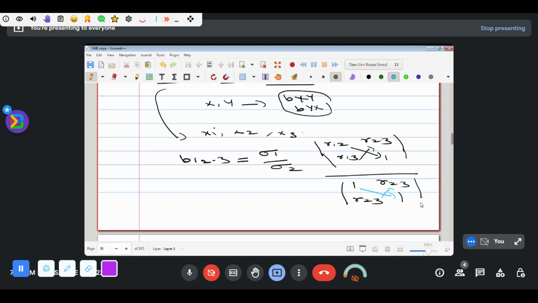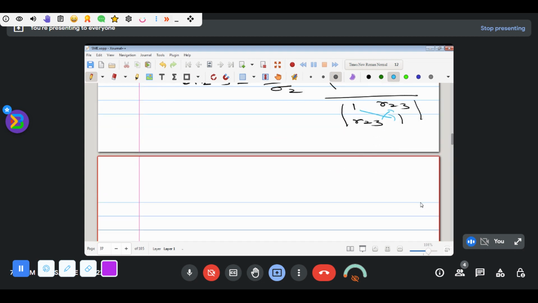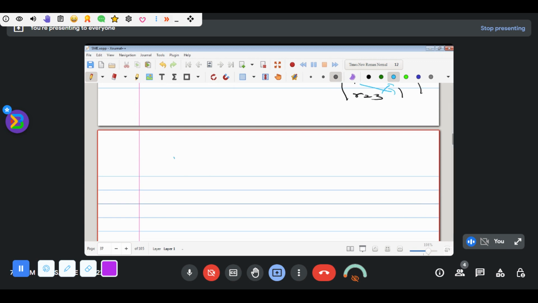The same formula can be used another way. p12.3 equal to sigma 1 divided by sigma 2 into W12 divided by W11. So what is W?